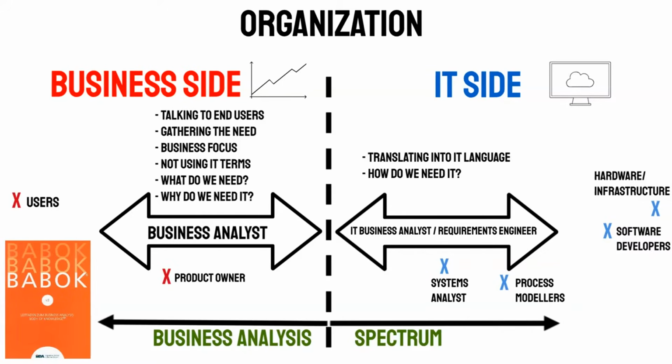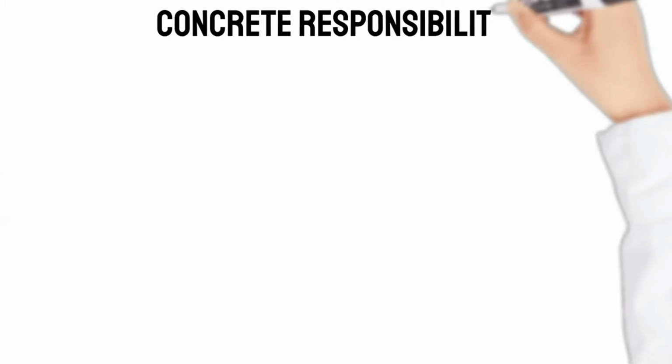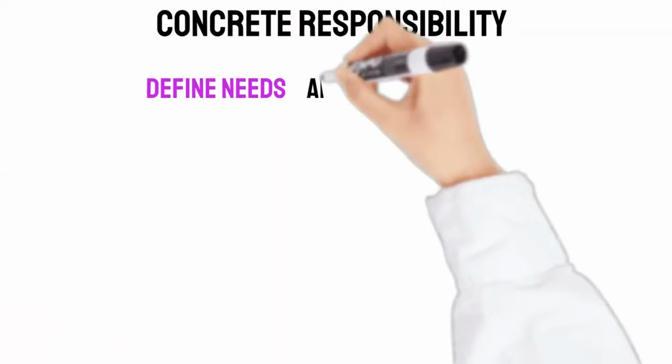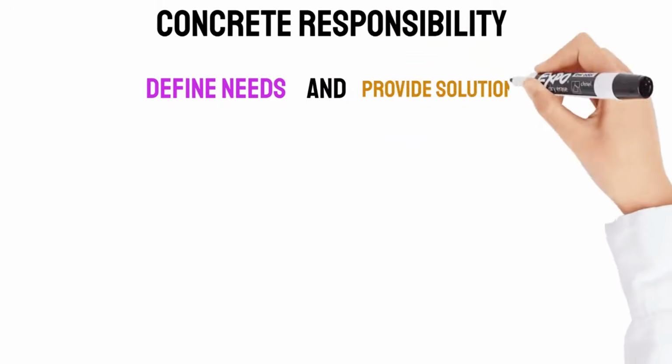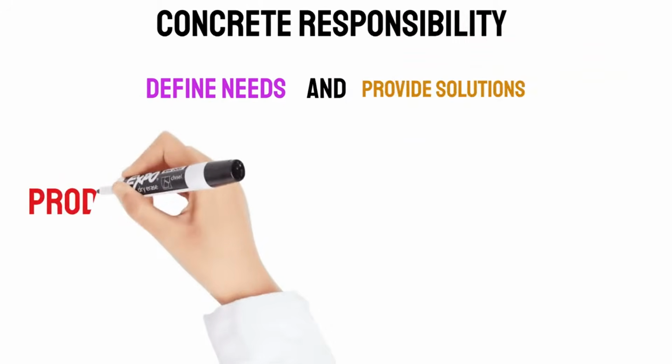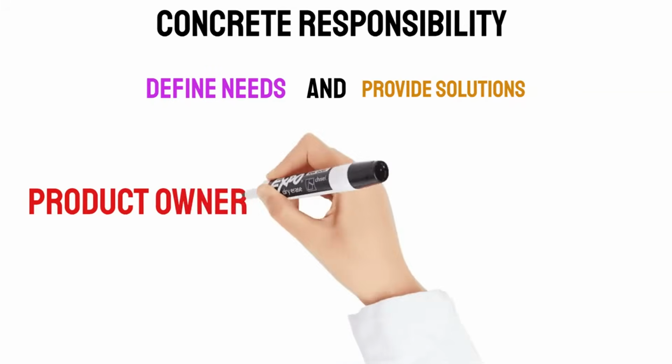So now, after understanding which roles there are for business analysts, I want to talk about the concrete responsibilities of these roles. Like I mentioned at the beginning, per definition, the responsibility of business analysts is to define needs and to provide solutions. Now let's compare these responsibilities for two concrete roles, the product owner and the systems analyst.